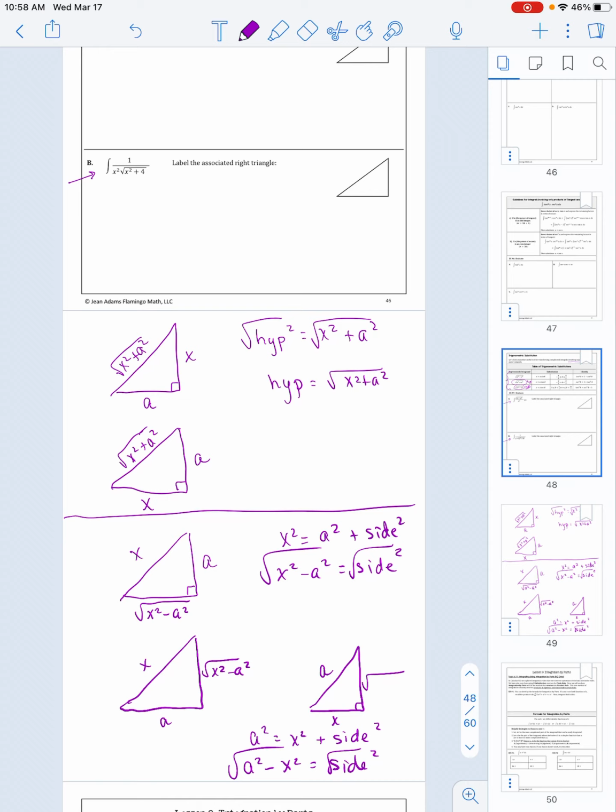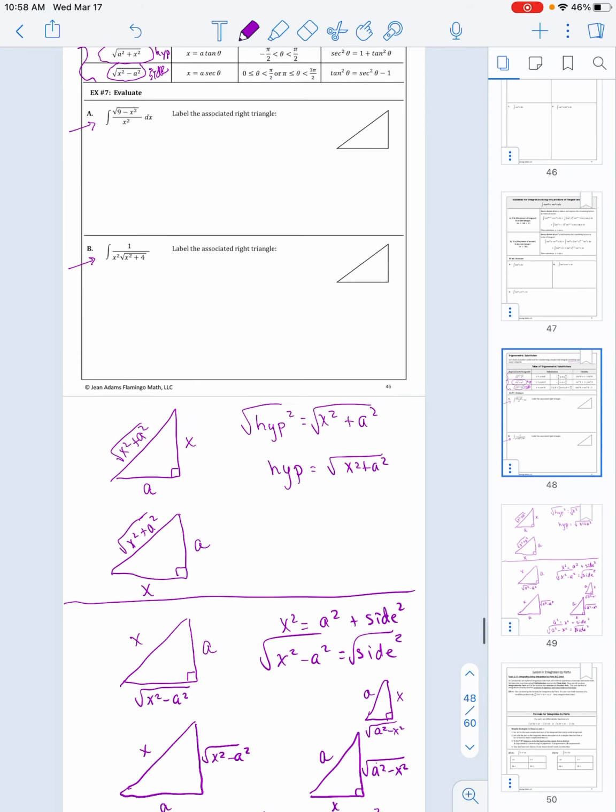So you could see that this would become your square root of a squared minus x squared. And the x could be here. This would also hold true as long as your hypotenuse stayed the same. Your x could be here, and your square root of a squared minus x squared could be there. So for the a squared minus x squared, it would be a side.